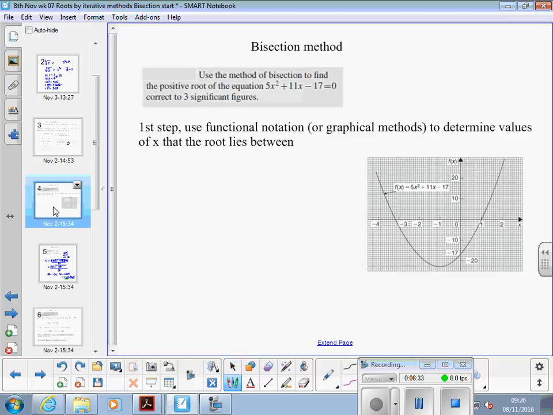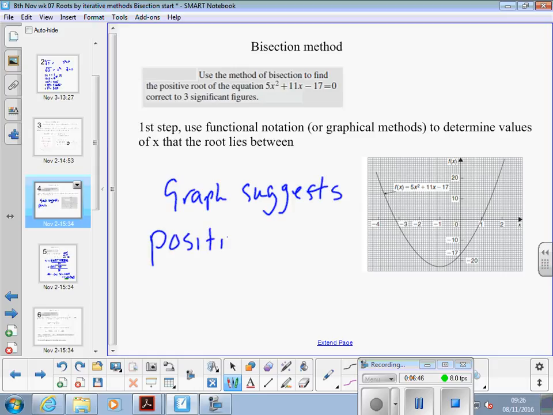The graph suggests a positive root around x equal to 1.